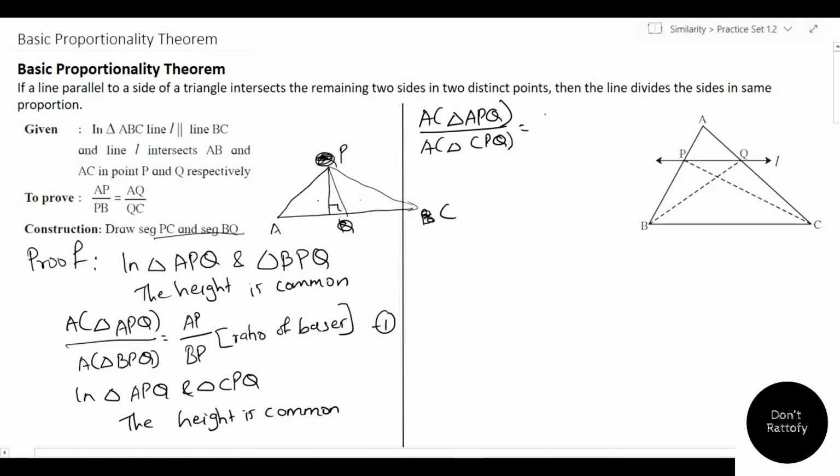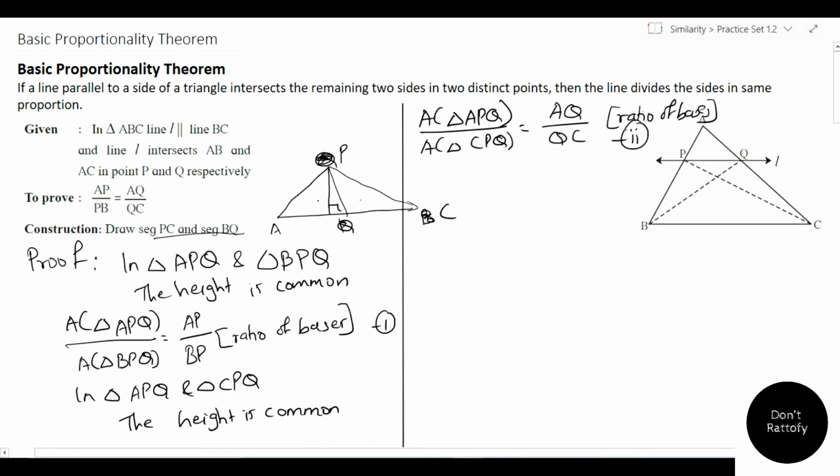For triangle APQ, the base is AQ, right? And for CPQ, the base is QC, or CQ in other terms. So similarly, the ratio here is also the ratio of bases, and this is our second equation.